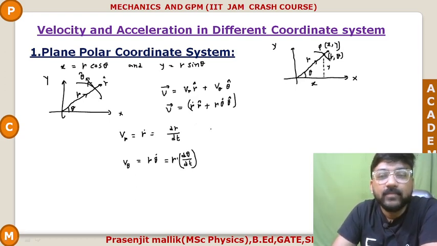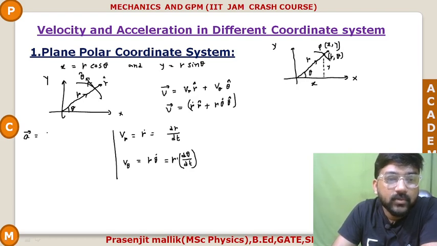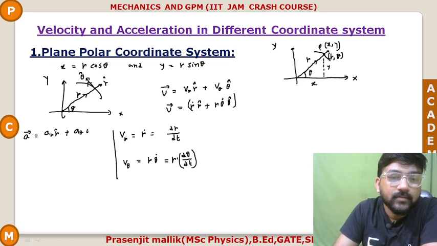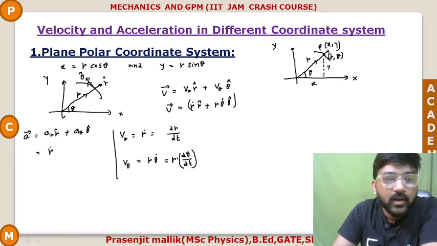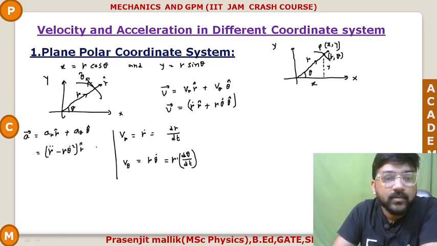Similarly, you have to remember the components of acceleration also. Acceleration has 2 components, a radial component and a transverse component. So A is a r r cap plus a theta theta cap, where a r is r double dot minus r theta dot square, into r cap, plus a theta, which is r theta double dot plus 2 r dot theta dot.